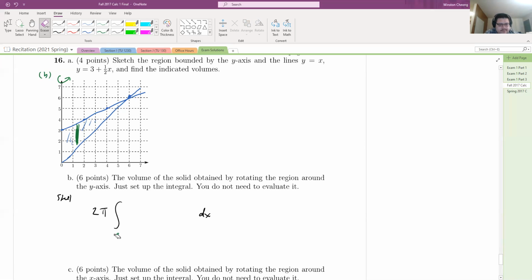So I could probably just write the whole integral in green. That's fine. 2 pi integral. We vary over x. We go from 0 to 6. And we have two things inside the integral. We have a radius function and we have a height function.